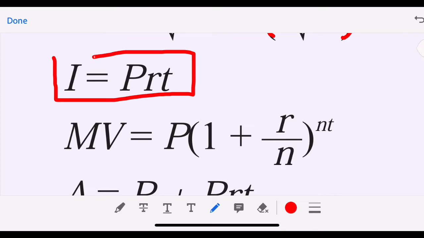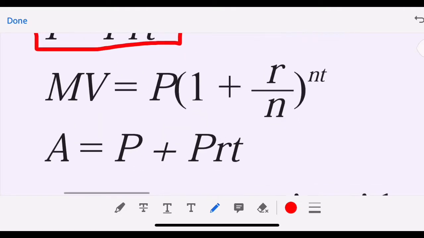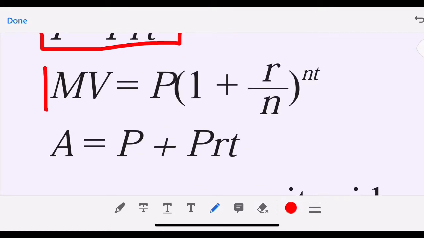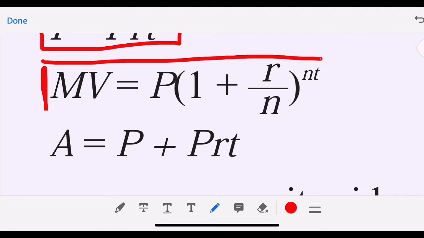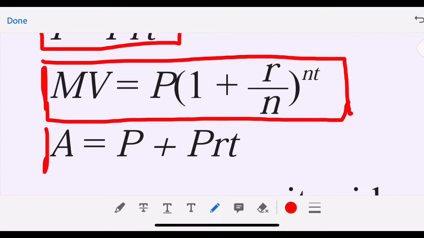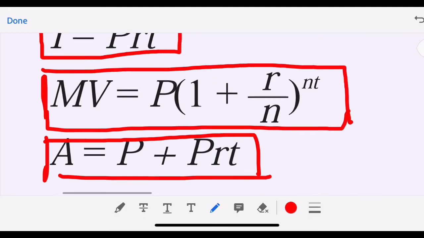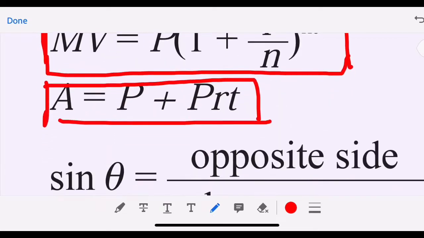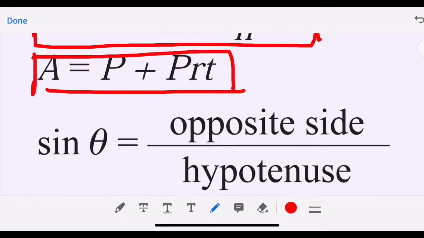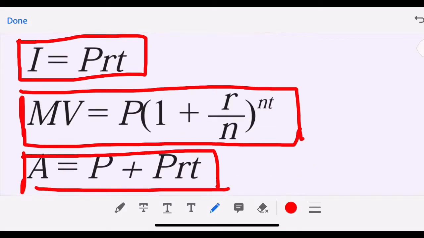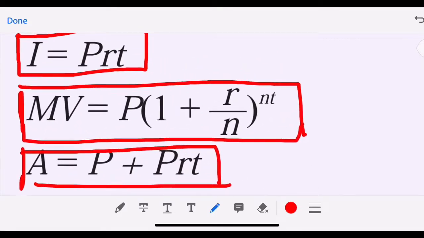Oh wow, this is very important, simple interest. I equal to PRT, maturity value. Please remember, maturity value is very important, and this is also very important. A equal to P plus PRT. Right, these are the three important formulae for consumer mathematics.